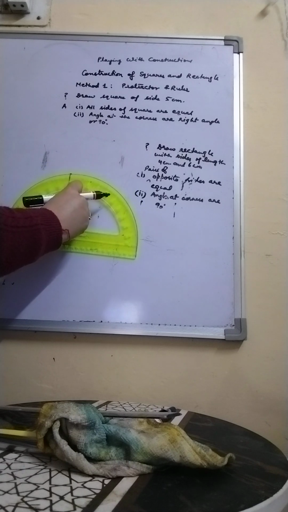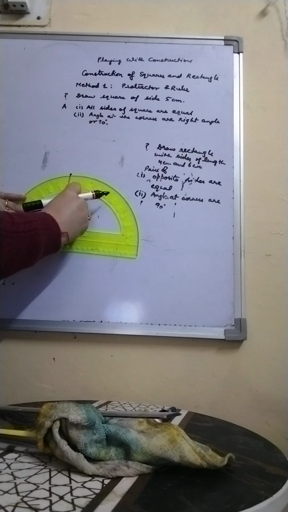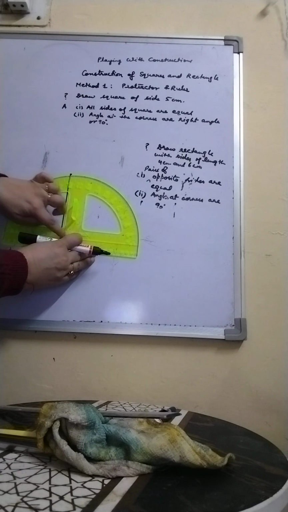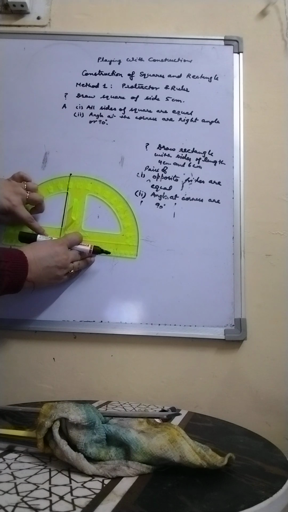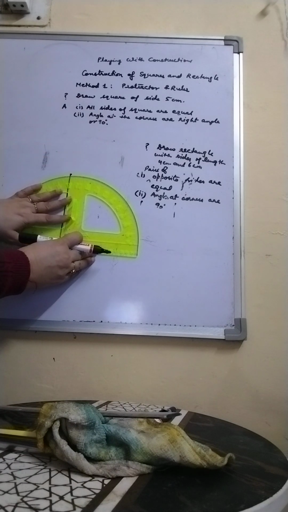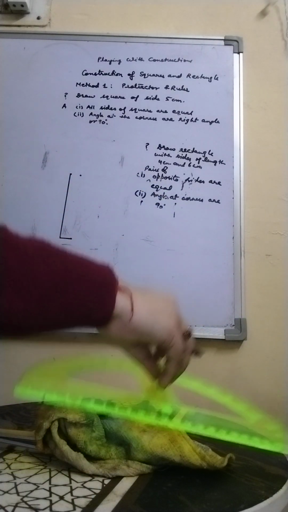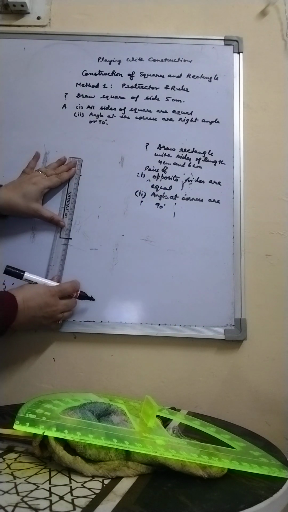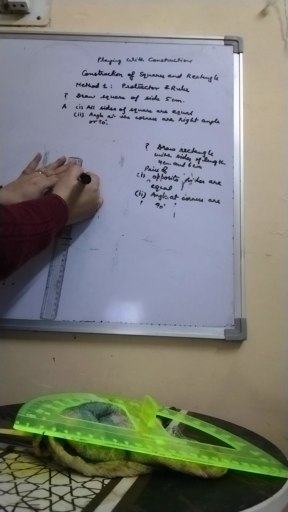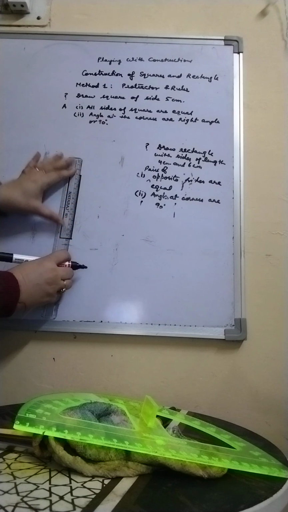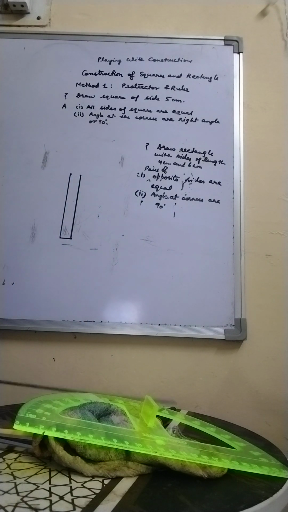Similarly, put the vertex at the second corner, align the 0 line. Now the line is towards the left side. So align the line and start from 0 and go till 90. So put it again and join the points.